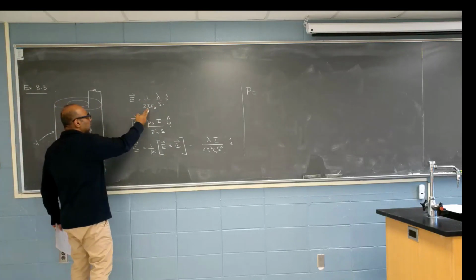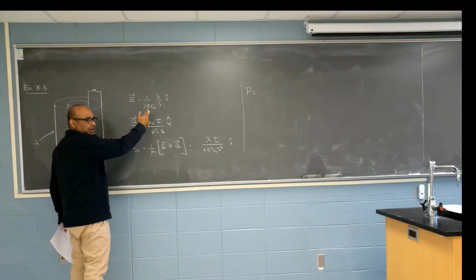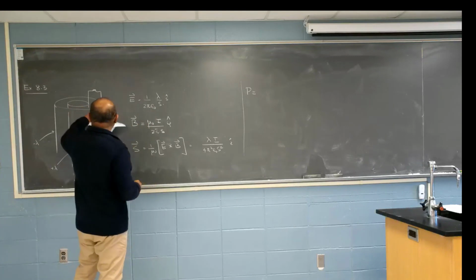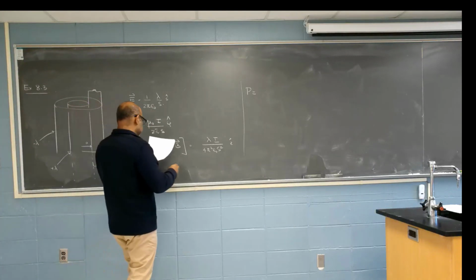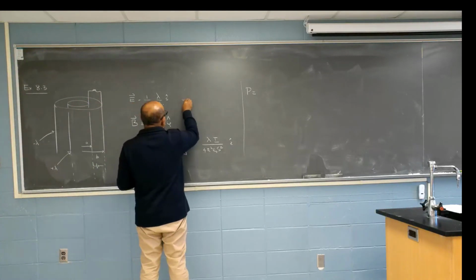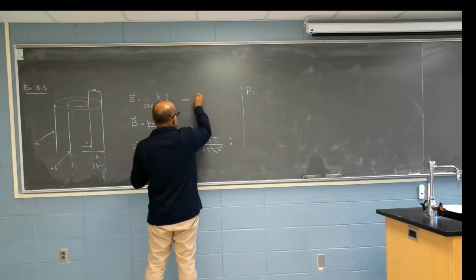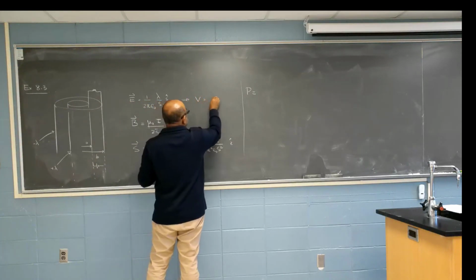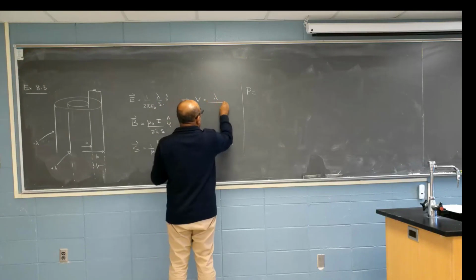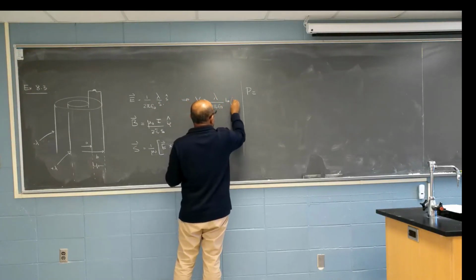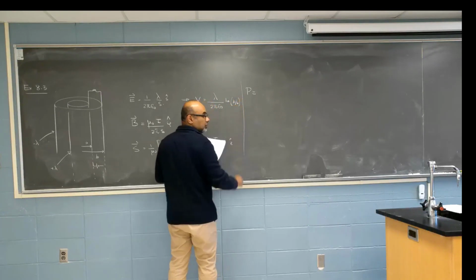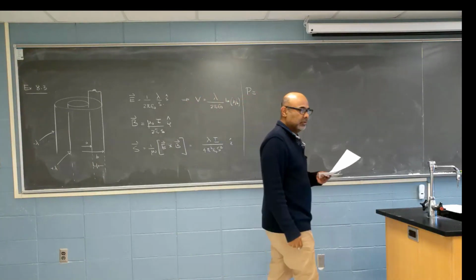If you use this and take the negative gradient of this, you'll realize that the potential difference, we have solved this before, between the two conductors, V is lambda over 2 pi epsilon naught natural log of B over A. We've seen that before.